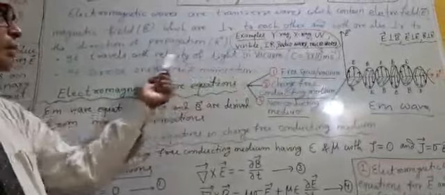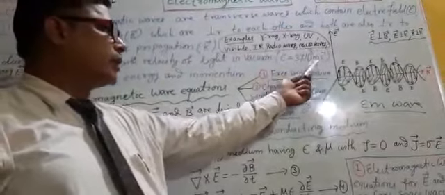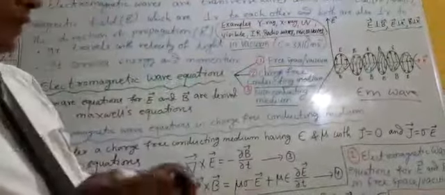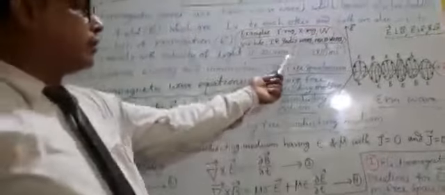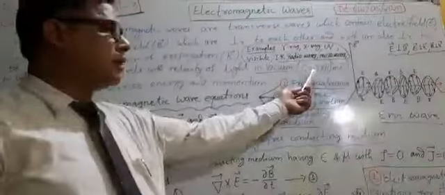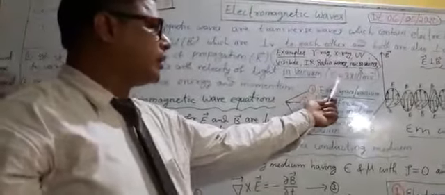And the properties, it travels with velocity of light in vacuum. That means the speed is 3 × 10⁸ meter per second. Okay. But if you think about any medium instead of vacuum, then the value decreases.